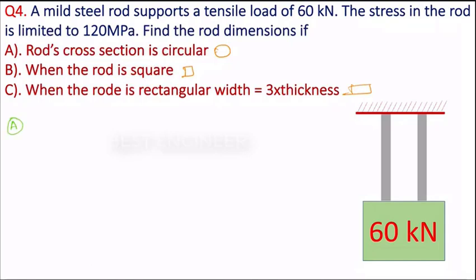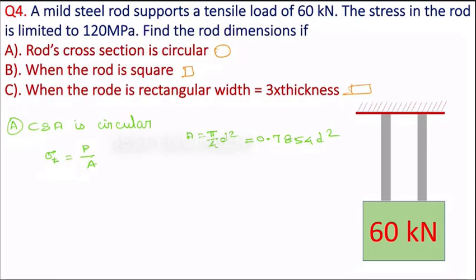Case A, when the rod's cross section is circular. We know the formula tensile stress equals load by area, and area equals pi by 4 d square, also equal to 0.7854 d square.